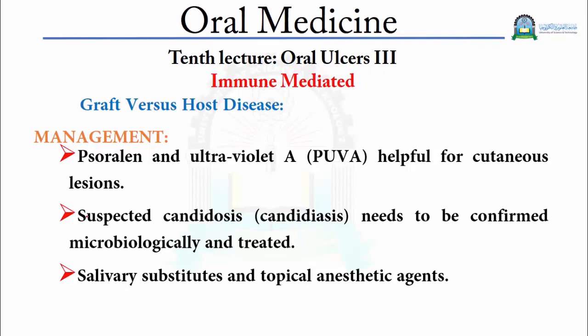Psoralen and ultraviolet A, helpful for cutaneous lesions, can be used for management of the skin lesions, and suspected candidiasis should be treated after being microscopically diagnosed, by systemic or topical antifungal drugs.